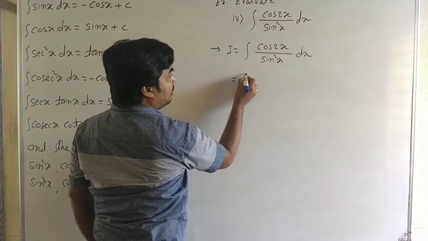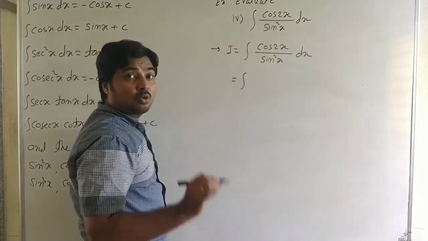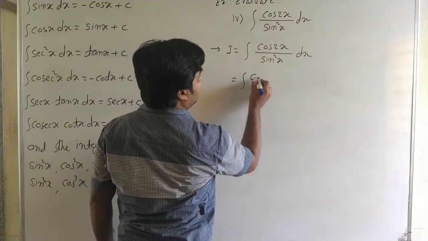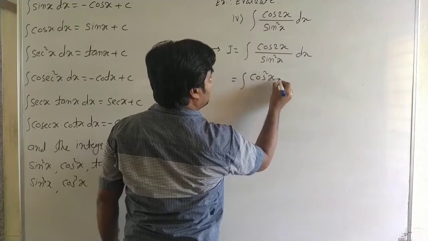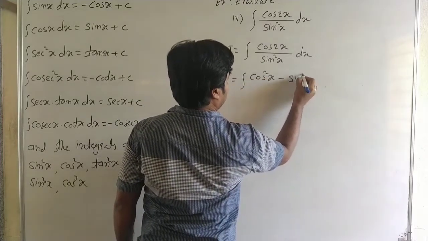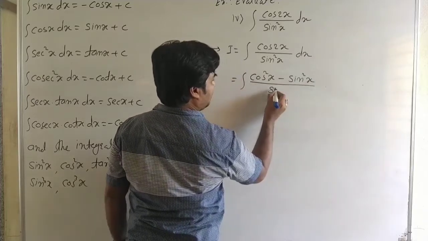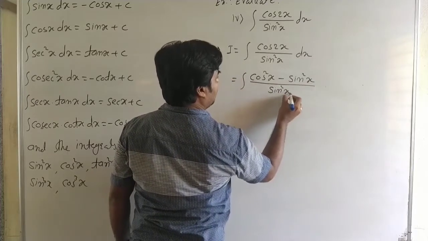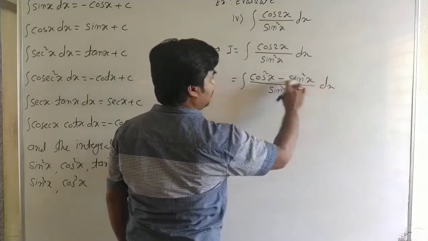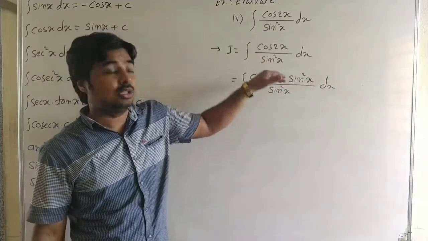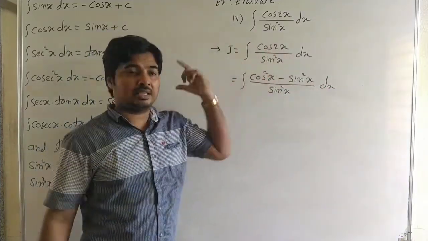Now the trigonometric formula for cos 2x is cos square x minus sin square x, upon sin square x. See carefully, it is the trigonometric formula for cos 2x, cos square x minus sin square x.